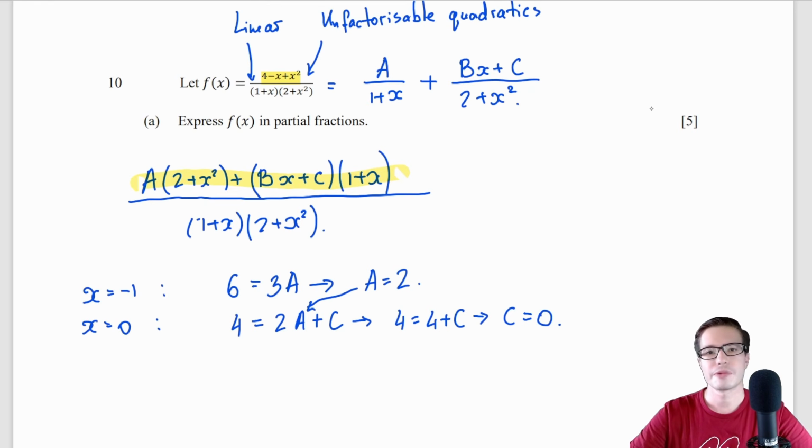And now I'm going to substitute x equals 1. I will get 4 equals a times 3 plus b, and c is 0, times 2.